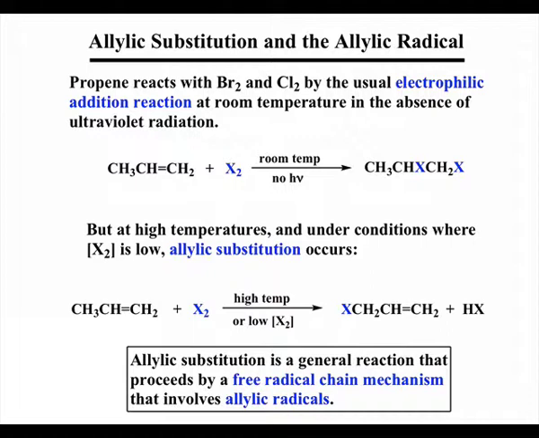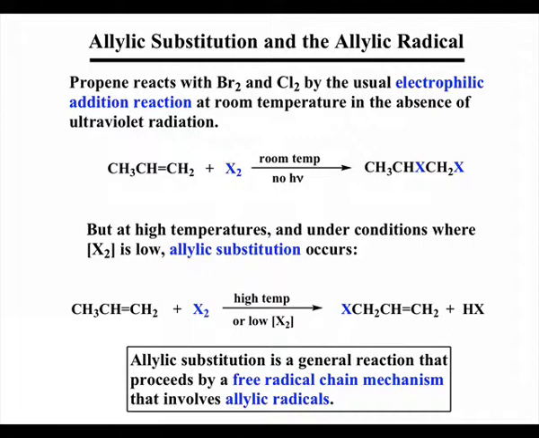What's the first intermediate that gets formed? Jamie? The bromonium ion. That's exactly right. We get that bromonium ion plus the bromide, which then attacks the carbon of the bromonium ion to give us the dihalide. So that's the mechanism. What's the mechanism for the bottom reaction?